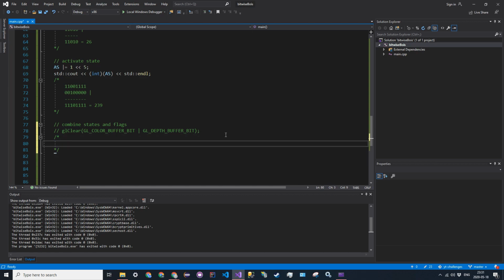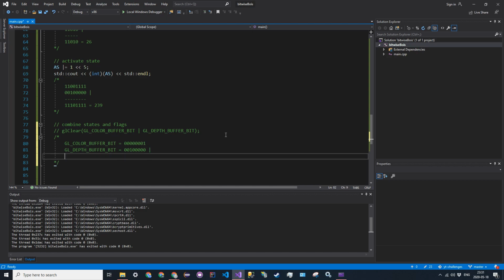Let's say that GL color buffer bit is equal to 0, 1, just equal to 1, and then GL depth buffer bit is equal to 0, 0, 1, like that.